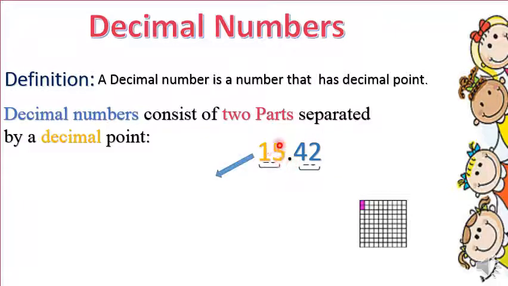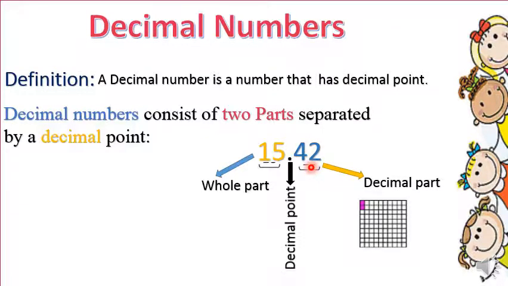The first part to the left of the decimal point is the whole part. The part to the right of the decimal point is the decimal part, and they are separated by a decimal point.